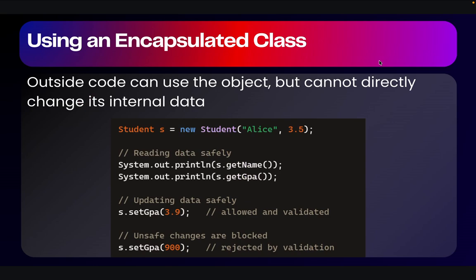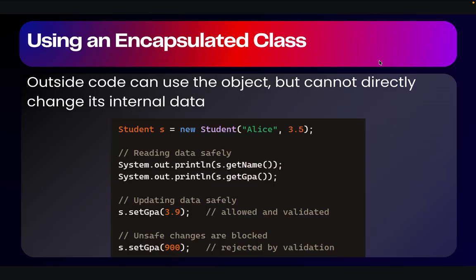Because again, remember, your classes are generally public, so the class can be accessed, which means the object can be accessed. So if you were to create a new object from a public class, you can work with it. And you can, again, use those methods, so get name, get GPA. You can update that data safely.